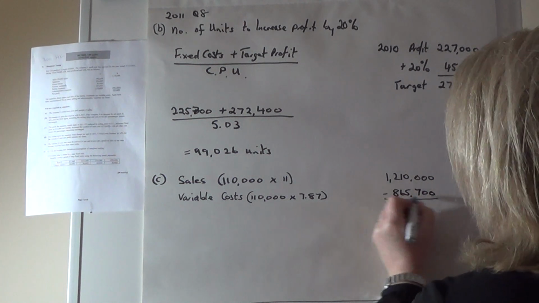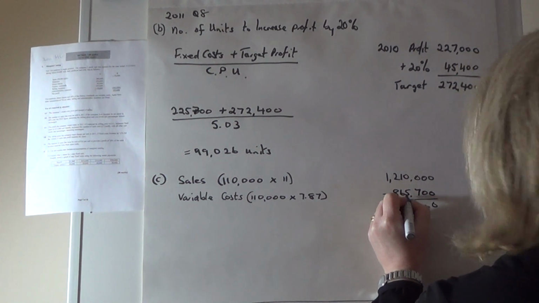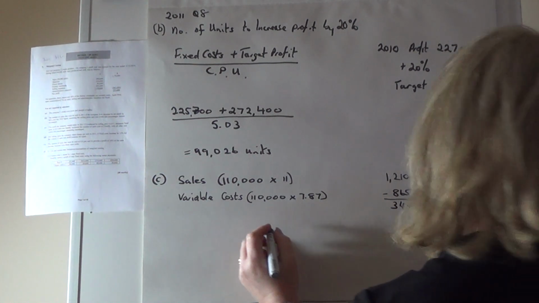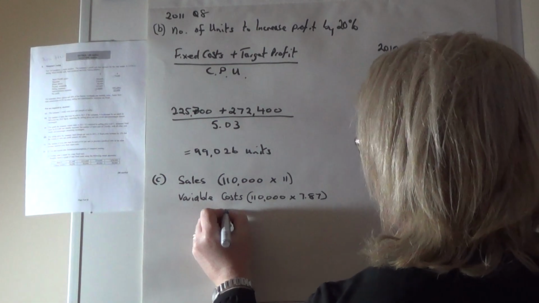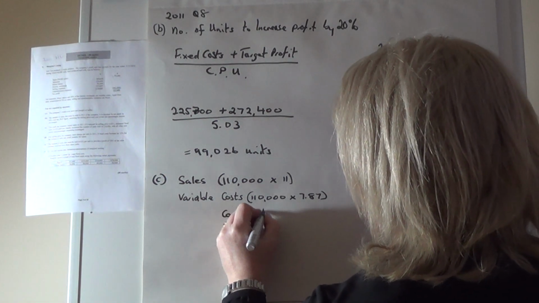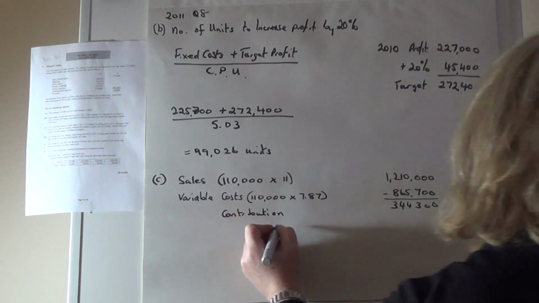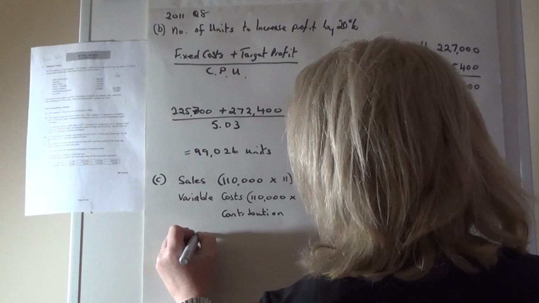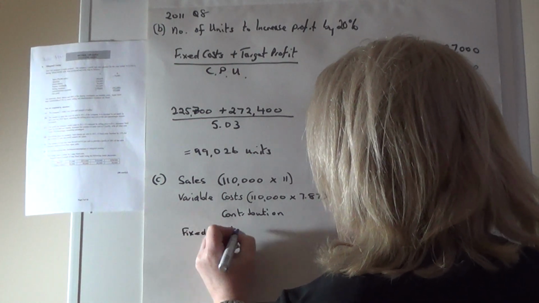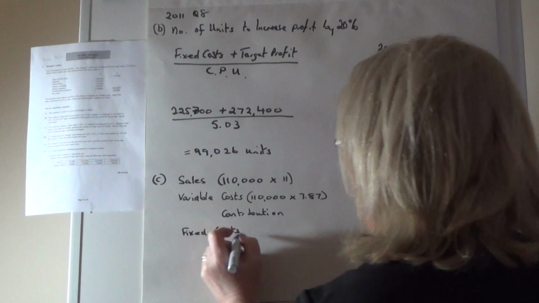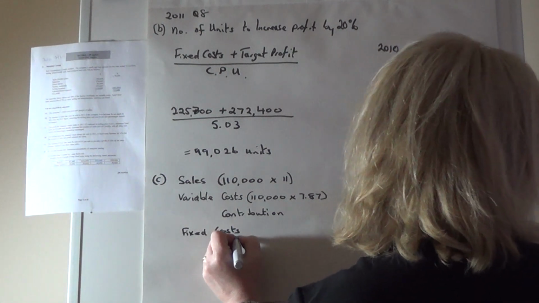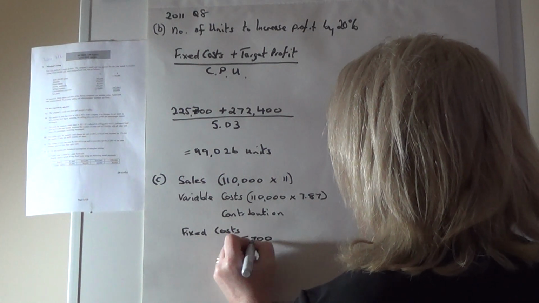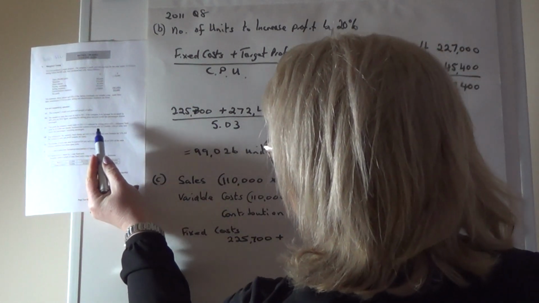So sales minus our variable costs give us the total contribution, and then minus your fixed costs, and we're told that the fixed costs are what was there already, 225,700 plus another 15,000.